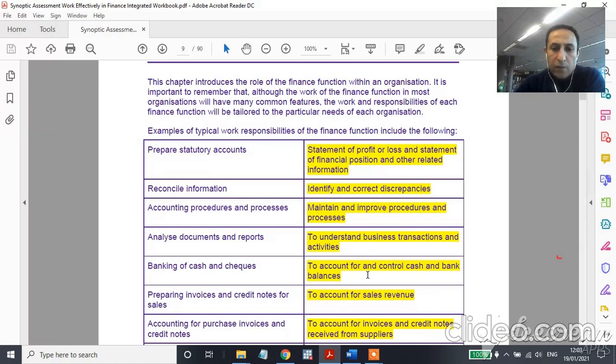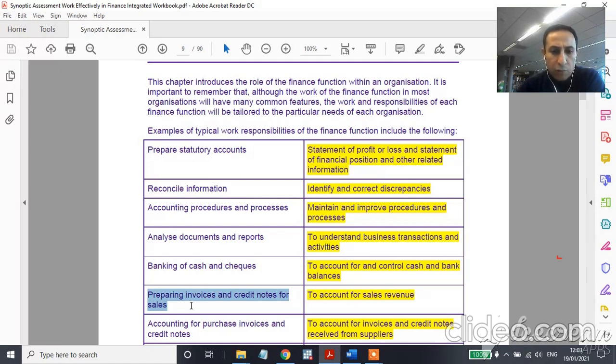Then another responsibility is preparing invoices and credit notes for sales. Hopefully when we move into Sage, the last unit, we will do a lot of preparation on how to raise invoices and how to control credit for sales and for purchases.